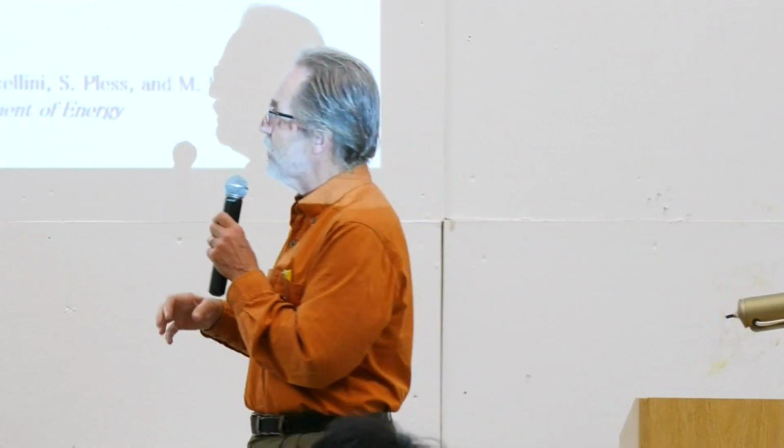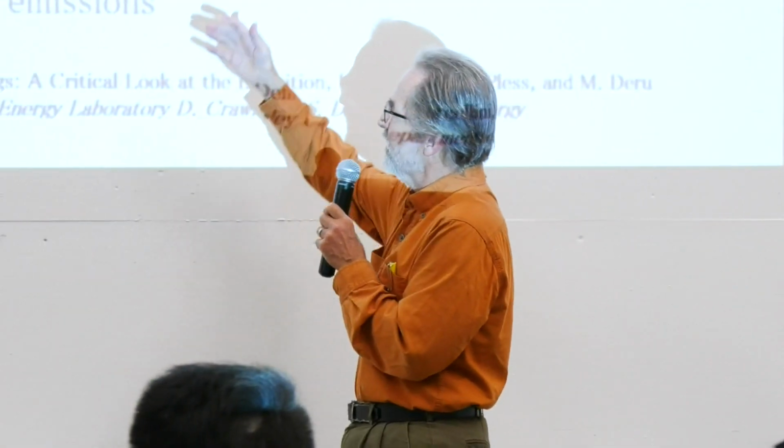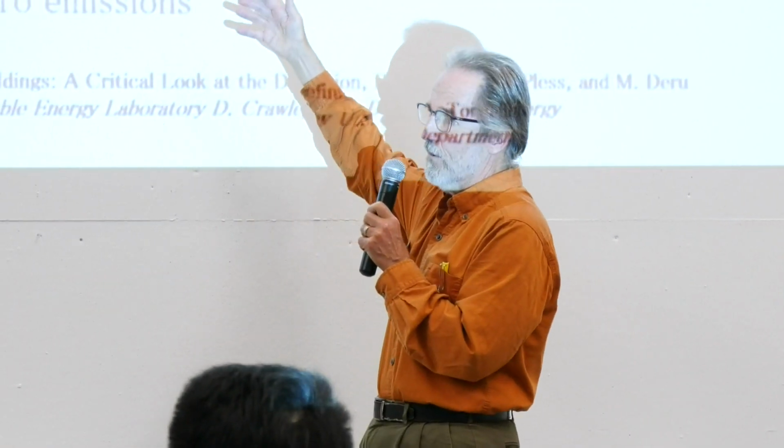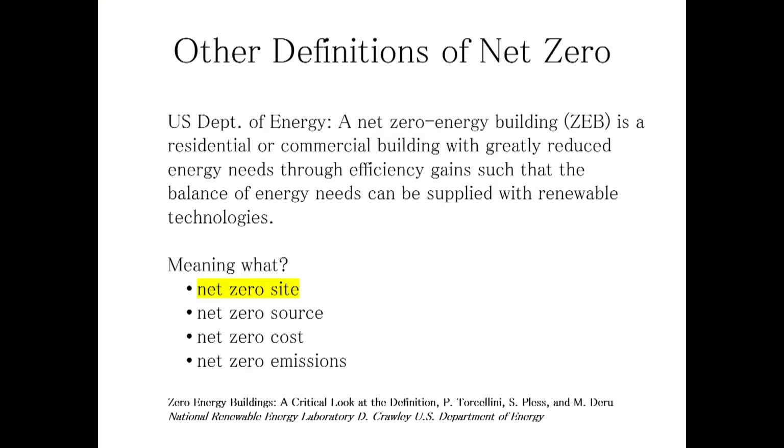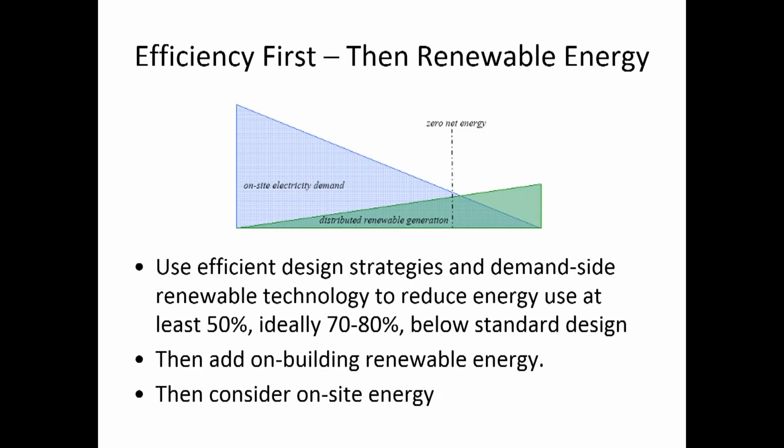And one thing that is beginning to happen at the policy scale is we are beginning to move from net zero really to net zero emissions, because to combat climate change, we want to limit emissions in the end. But for now, as a designer, you're focusing on net zero site. So if you do see these other terms, don't get confused. You want to focus on net zero site.